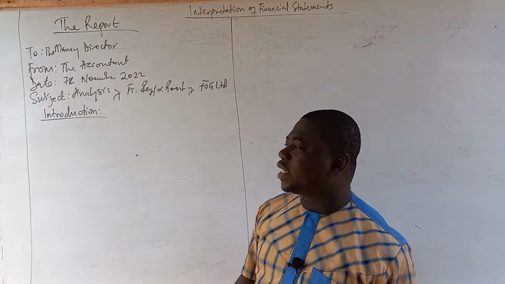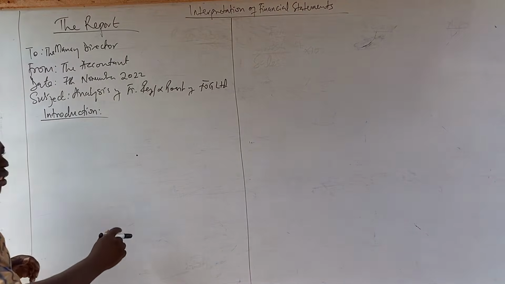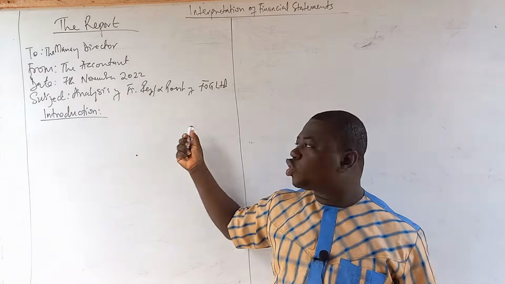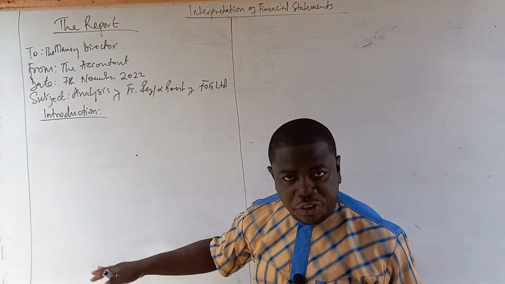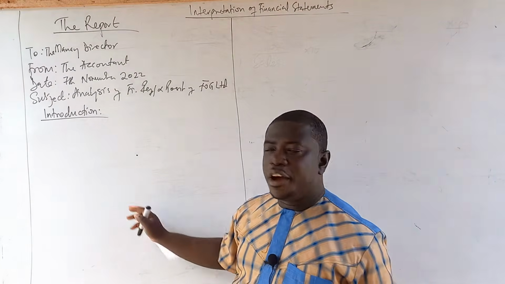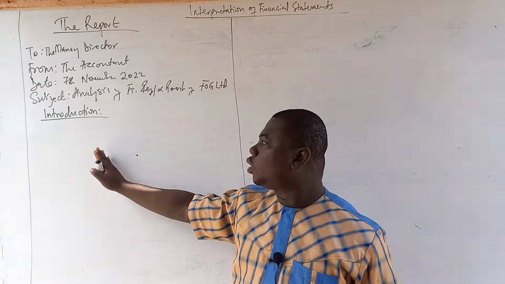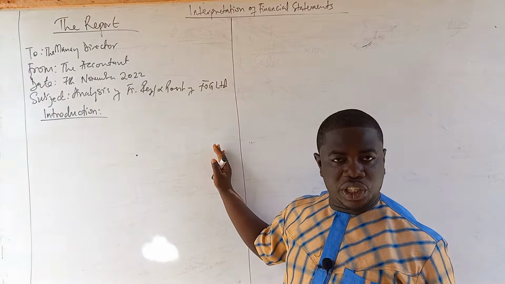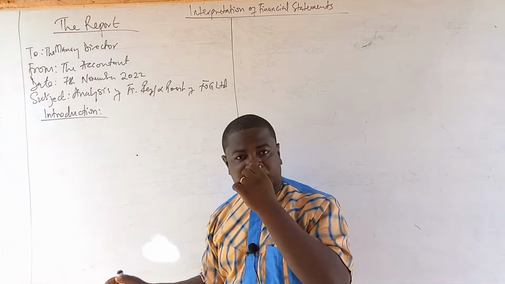So with the introduction, you are going to say that this report reports on profitability, liquidity, and you give all the headings you are going to talk about, of FOG Limited for the year ended, or for the period between maybe 1st January and 31st December 2021.